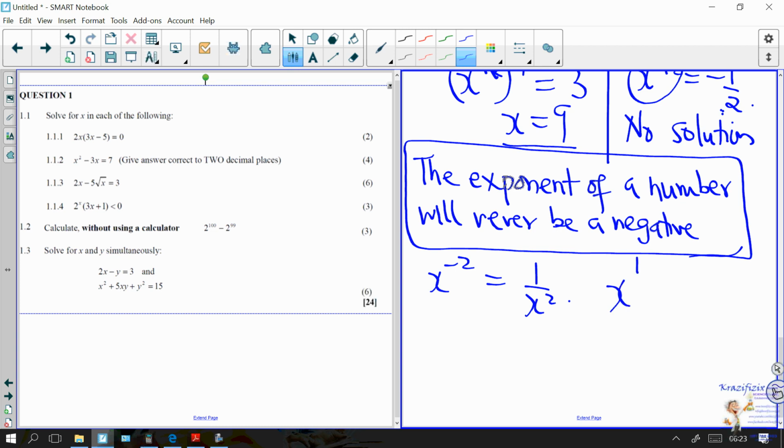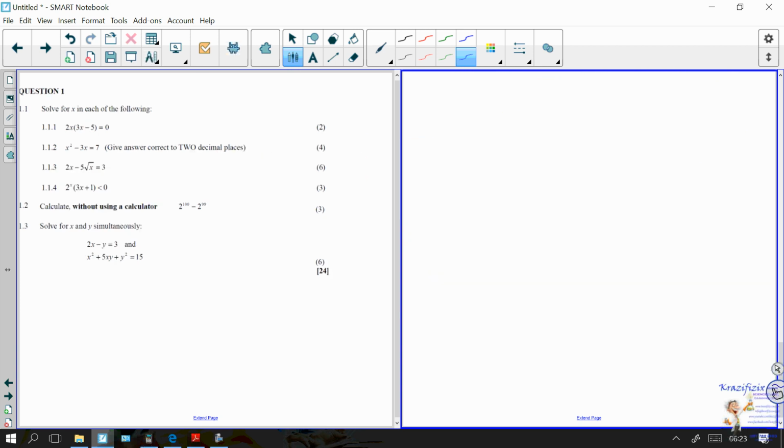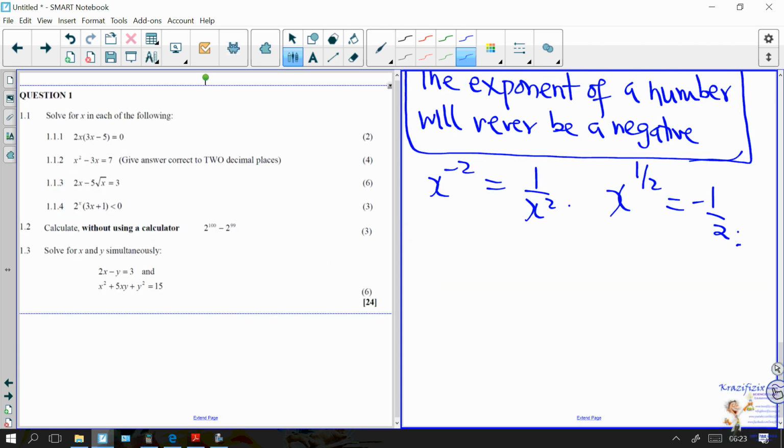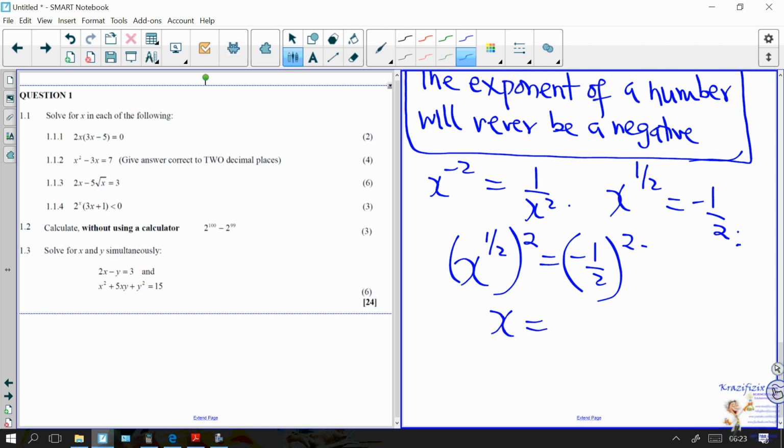And in that place, I had x half equals to negative half. There's no way I'm going to get an answer. Somebody says, but okay, check, we can do the reciprocal. I want us to try. X half 2, and then you come here and say this, right? Because Elena is saying I can use my calculator to get an answer. X now equals to, this would give you 1 over 4, because it is negative half times negative half.